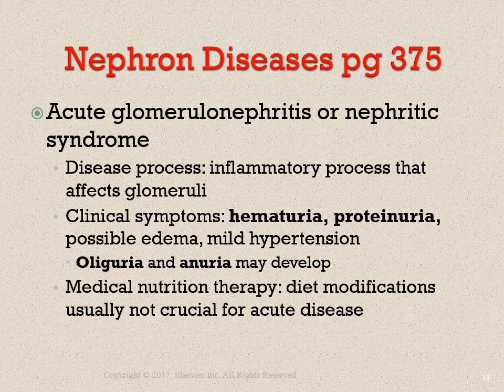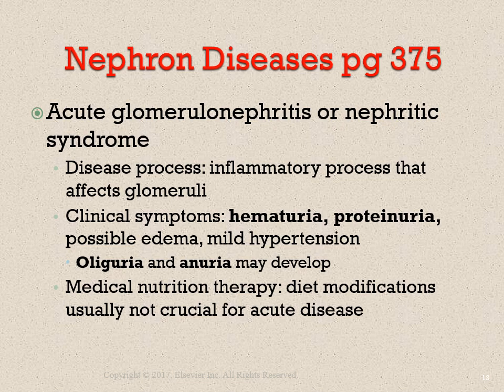And medical nutrition therapy, diet modifications, is usually not crucial for acute disease. So remember, with acute disease, something occurred and the patient just has an acute problem with this. Maybe they had a stone or an injury to that area, or maybe they had sepsis and it caused some problems with their kidney, but they can get over it.